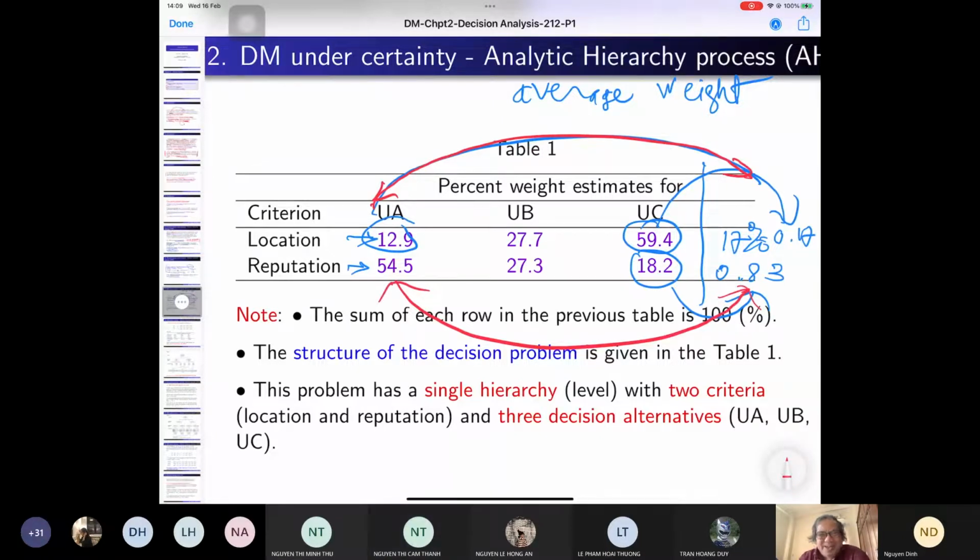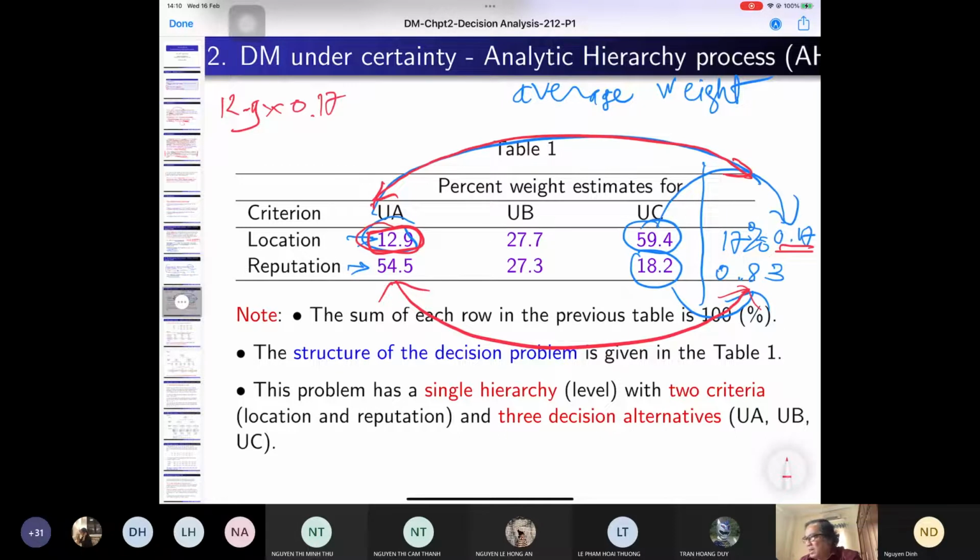Yeah, that's right. That is what we did last week. The location is 12.9, but the weight of this is 0.17. So the average weight for the University of A is 12.9, the location, multiplied by 0.17.